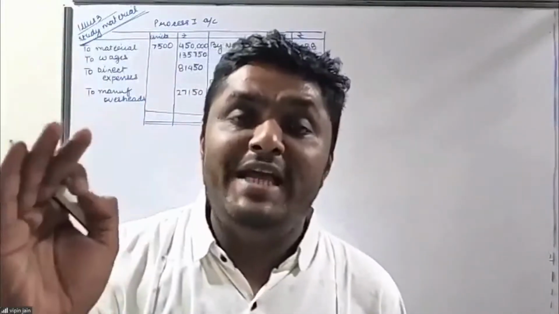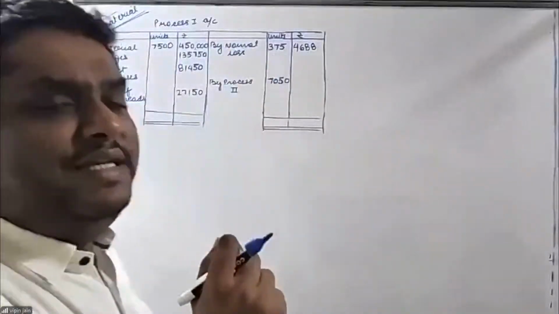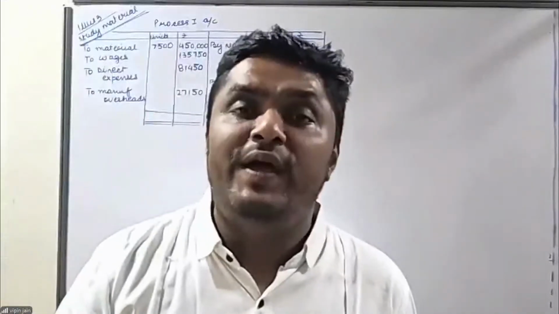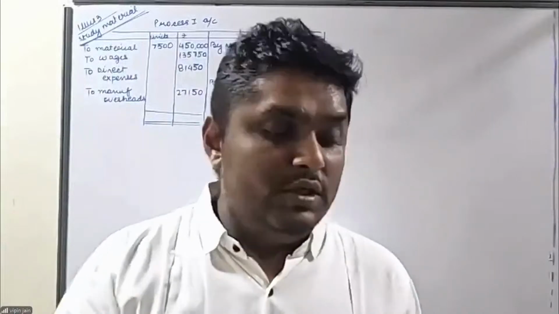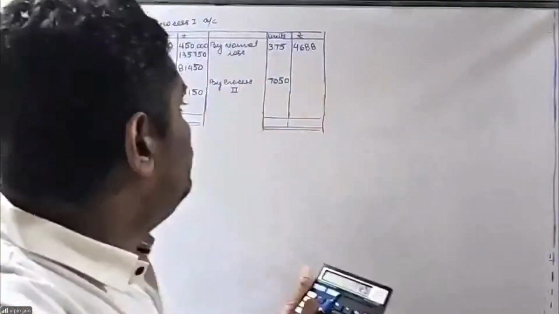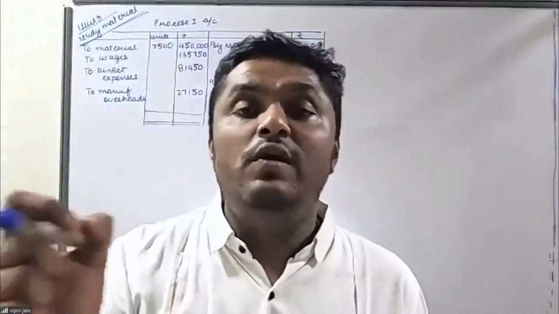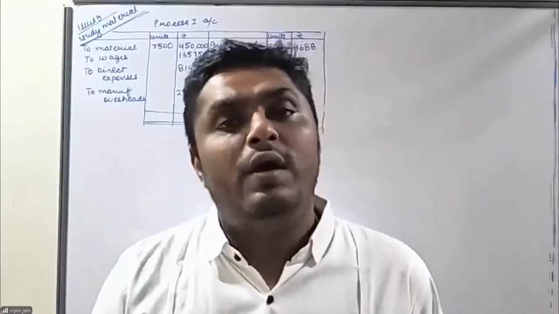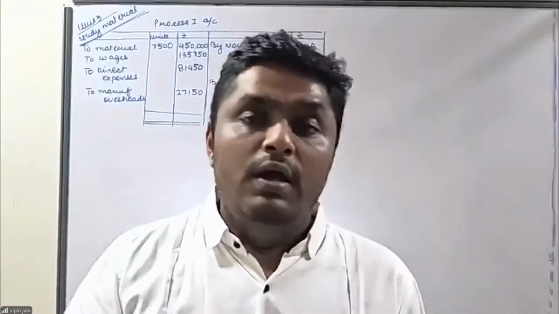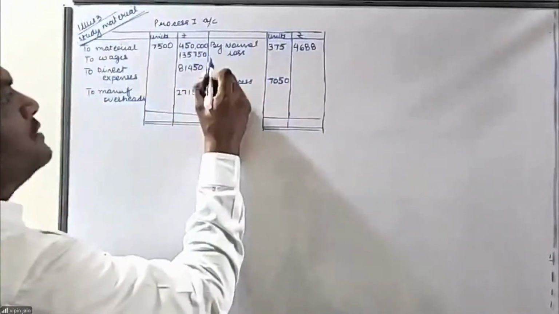It means my expected output is how much? 7,500 minus 375, that is 7,125. However, my actual output is 7,050. It means there is an additional loss of 75. You can call it a balancing figure also. So there is an additional loss of 75, and we call it abnormal loss.